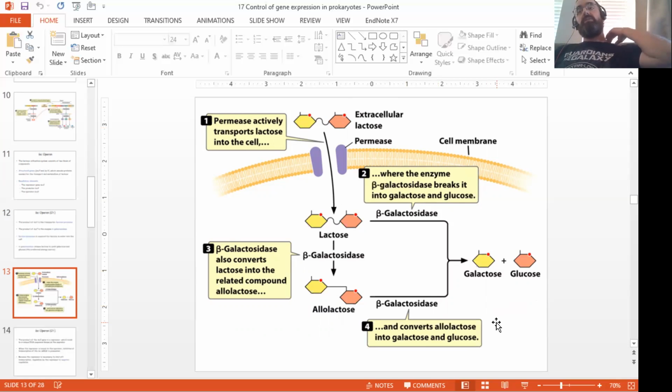However, if lactose isn't present and glucose is, then we don't need any of this. Even if lactose is present, but we also have glucose, then we don't need as much of this, because we have glucose to use.